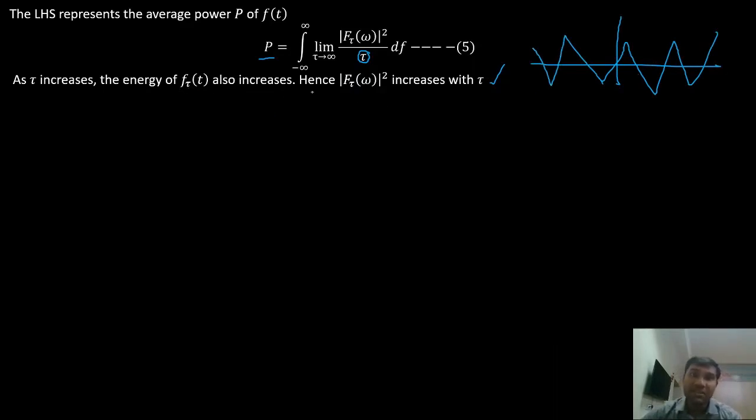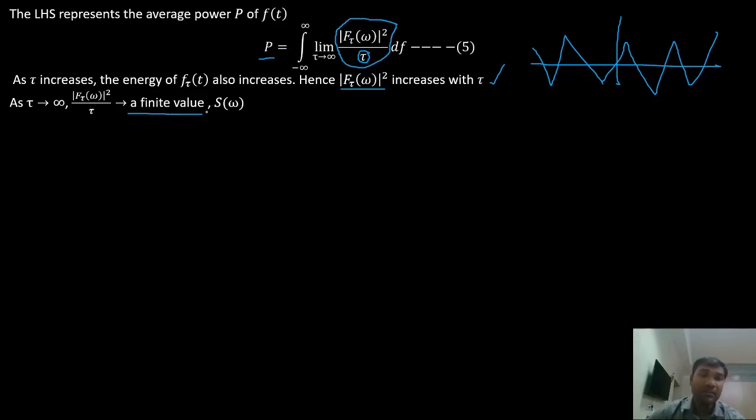If energy increases, its corresponding Fourier transform also increases. Then as tau tends to infinity, what happens to this? This becomes a finite value. It's going to become a finite value.